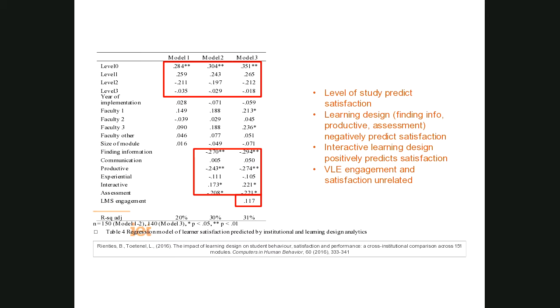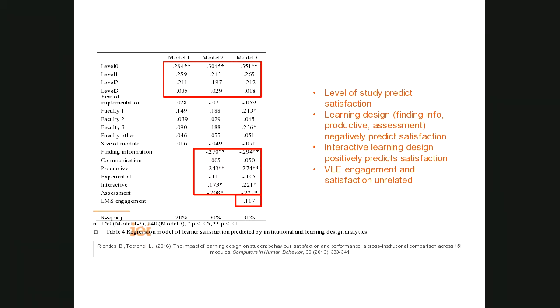Quite surprisingly, if courses had lots of finding information and lots of productive activities and lots of assessments, students didn't seem to really like that at all. And this, of course, raises a question: if students don't like that kind of design, what do we do?